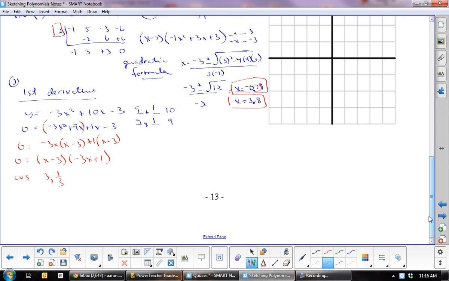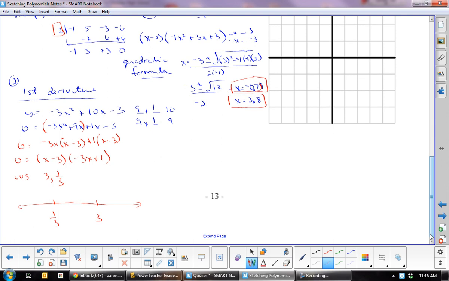Okay, so I draw my line. I'm going to put 1/3 here. I'm going to put 3 here. Okay, so a good value to start off with is 0. So if I put 0 in, 0 minus 3 gives me a negative.